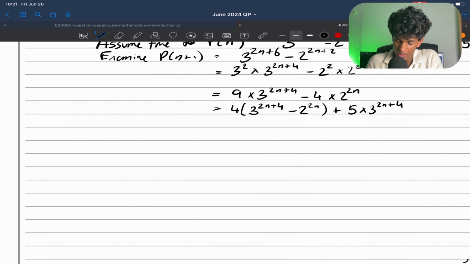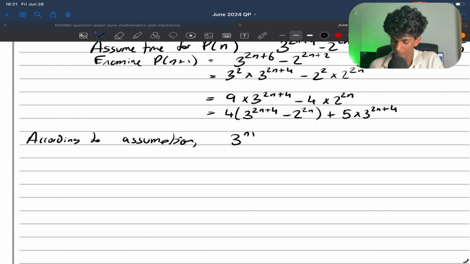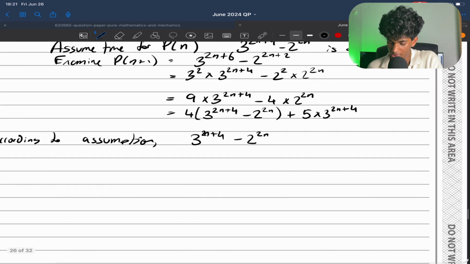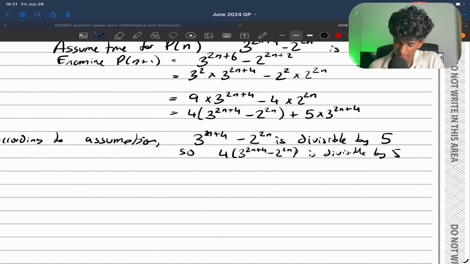Okay, so according to our assumption, 3 to the 2n plus 4 minus 2 to the 2n is divisible by 5. That was p of n. So that means 4 times 3 to the 2n plus 4 minus 2 to the 2n is divisible by 5. So that bit there is done.